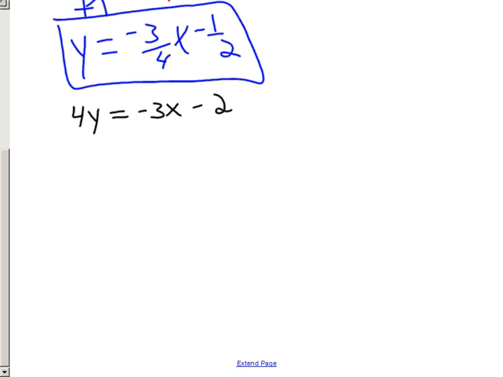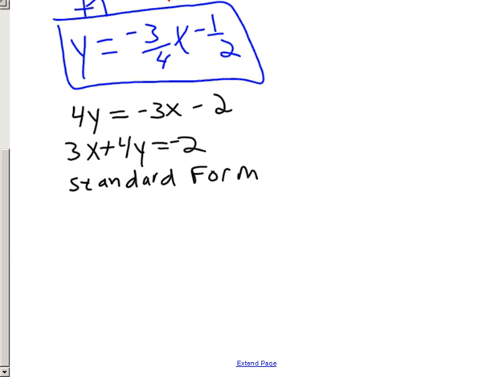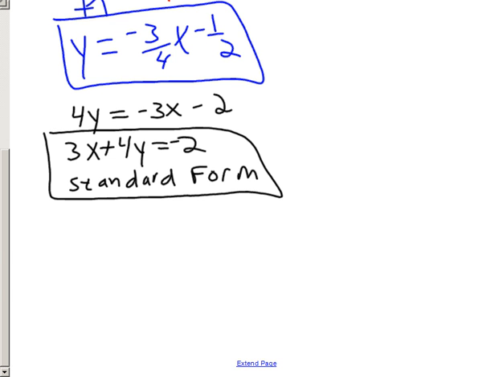Now I can add the 3x to the other side. And here is the equation in standard form. Occasionally on the test, I will ask you to convert some equations to standard form or general form. If you want general form, add the 2 to the other side and set it equal to 0.